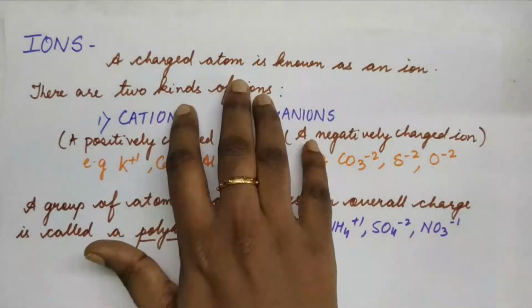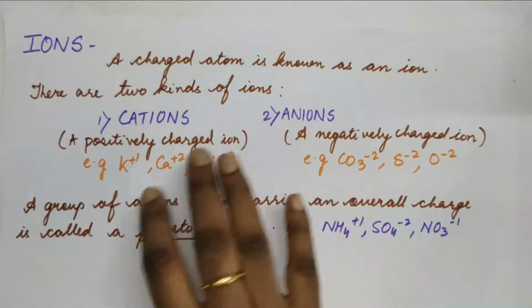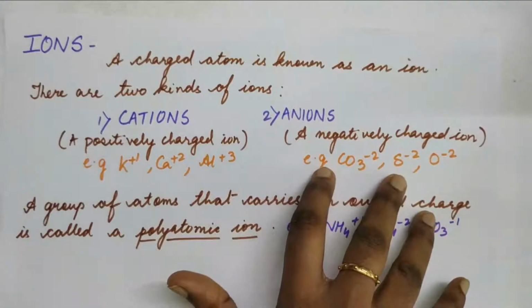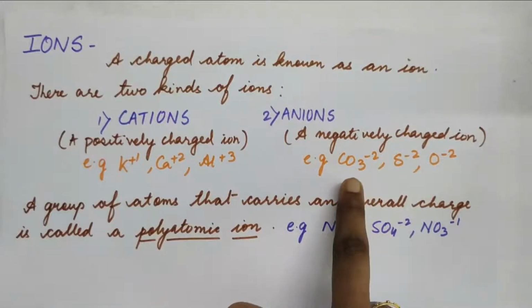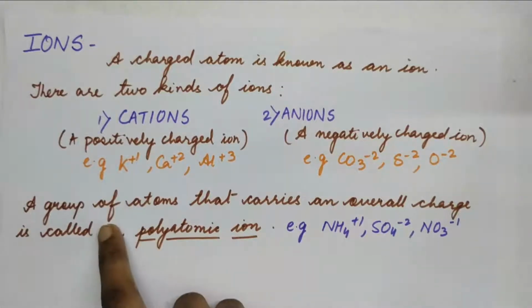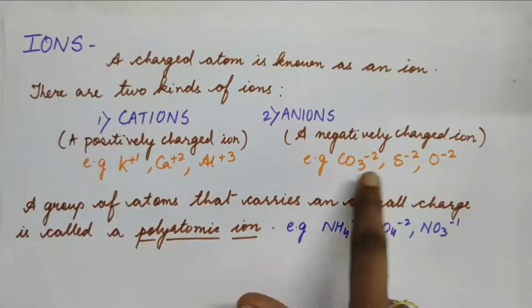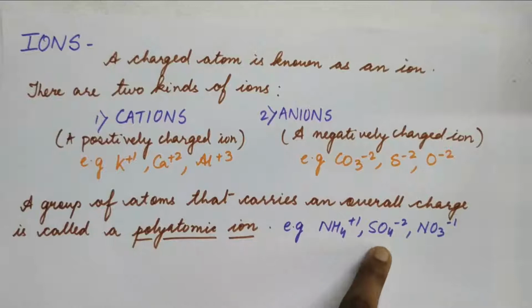So when we say that a charged atom is an ion, remember that cations are positively charged, and anions are negatively charged. In the example, I have generally one term. But there are also groups of atoms that carry an overall charge, like ammonium, carbonate, sulfate, nitrate.